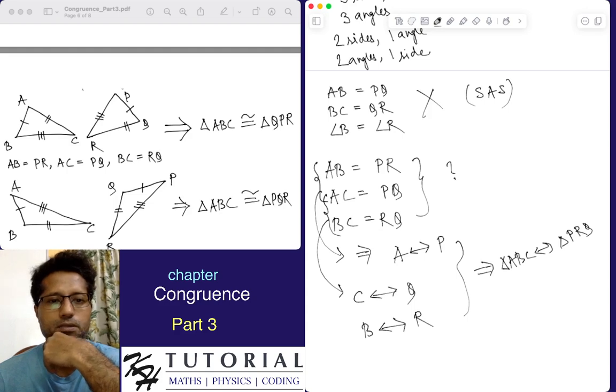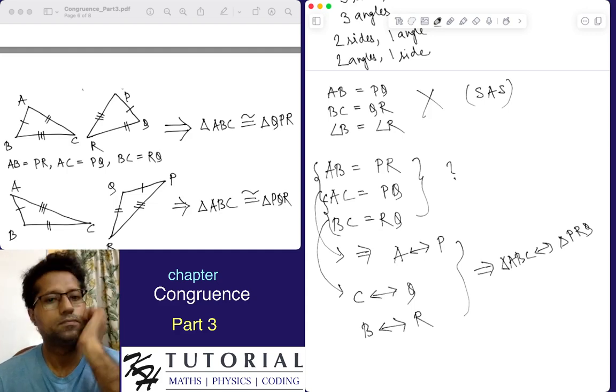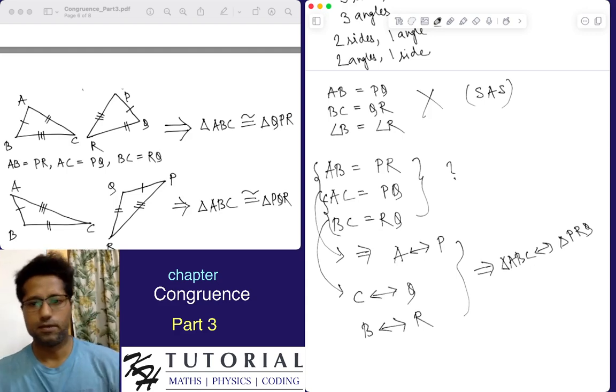Definitely B has to be mapped with P. And AC is equal to RQ, not AC but, in the notes AC is equal to PQ. No, in the diagram it is given wrong.